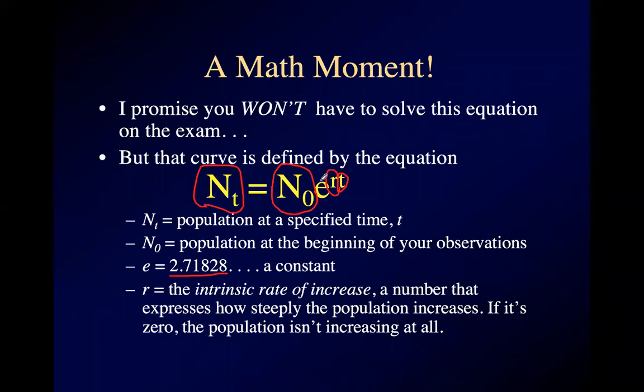Because if r is equal to 0, then e to the power 0 times t is just equal to 1, because anything to the 0 power is 1. And the population at any time is just going to be equal to the starting population. So r expresses how steeply the population is shooting up.